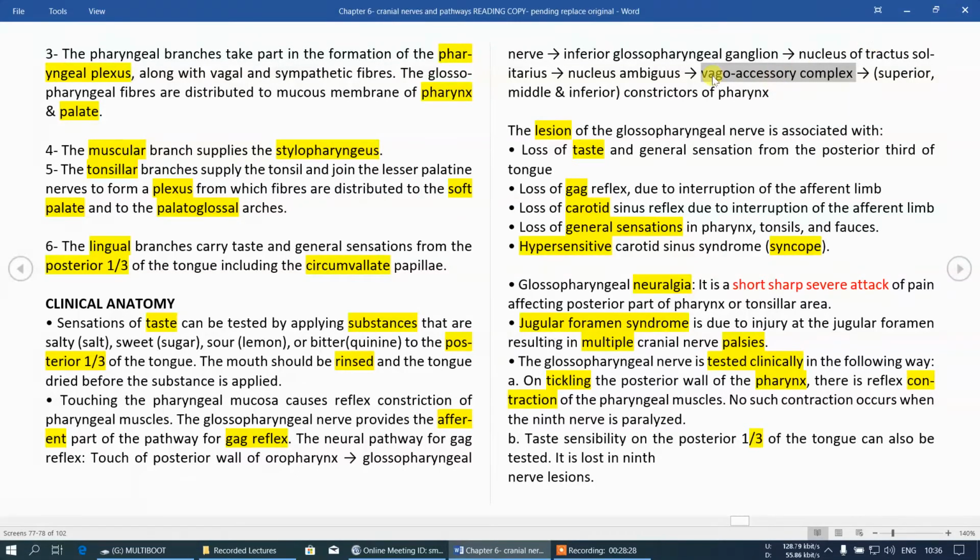So it is supplying the constrictors of the pharynx. So the afferent fibers start from the mucosa of the oropharynx, and the efferent reflex fibers are initiated to the constrictors of the pharynx. This is the whole pathway of the gag reflex. The pathway of testing we have already seen in earlier lectures.